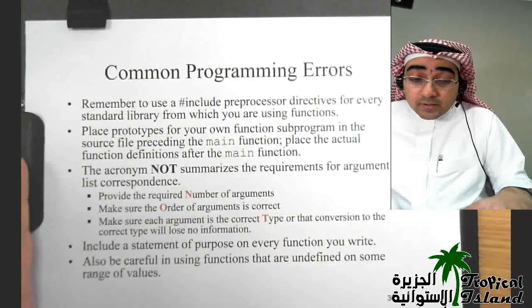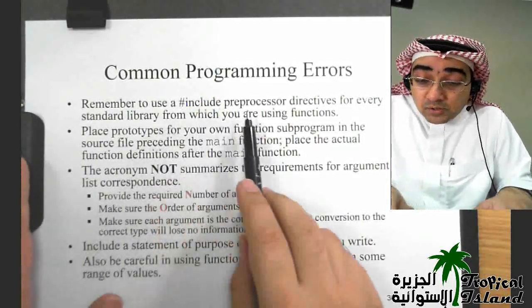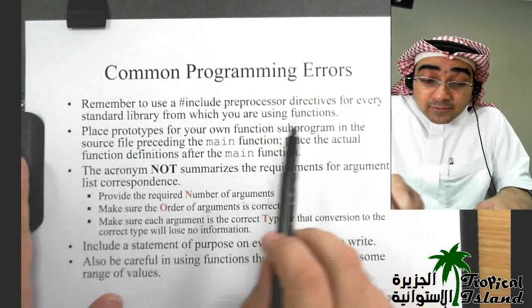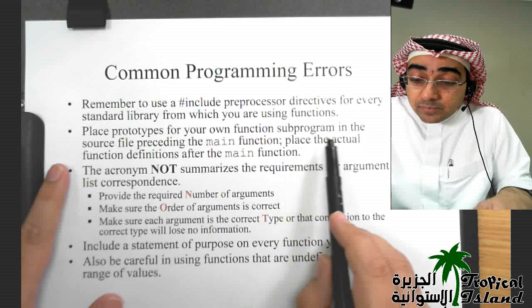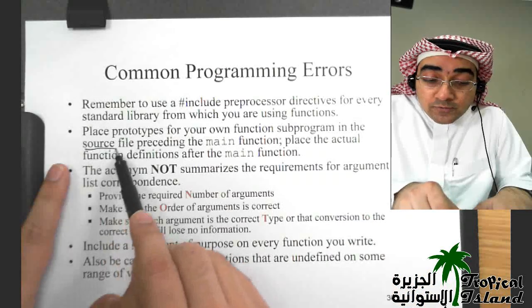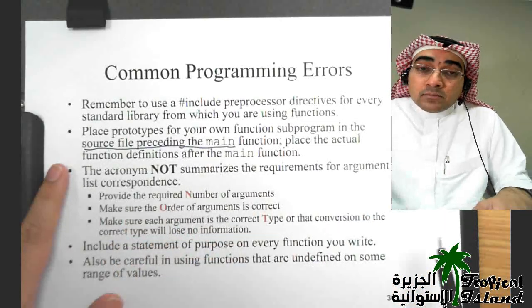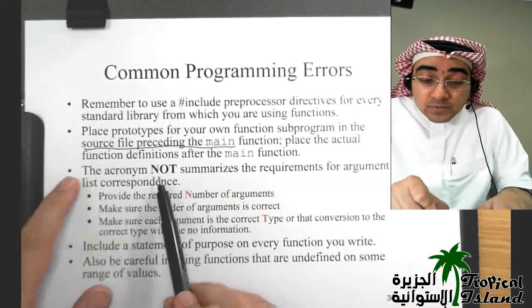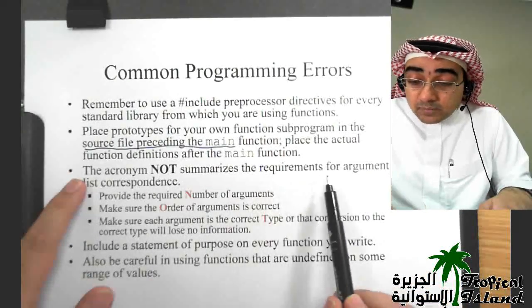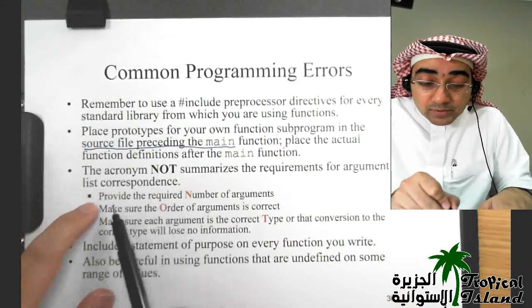Common programming errors: remember to use the #include preprocessor directives for every standard library. Place prototypes of your own function subprograms in the source file preceding the main, so write them before the main. The third thing is the acronym NOT, which summarizes the requirements for argument list correspondence.